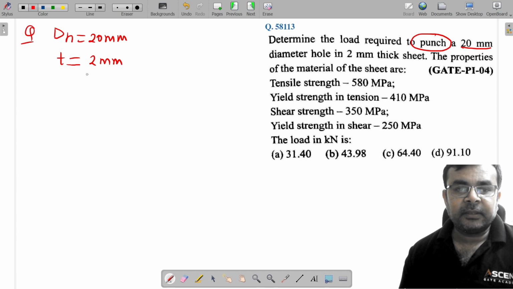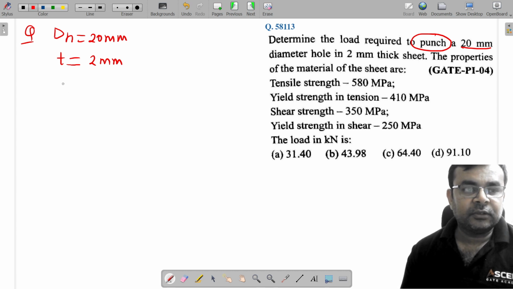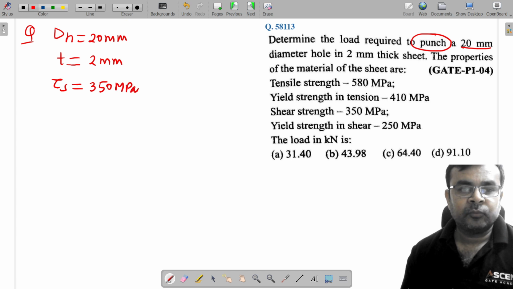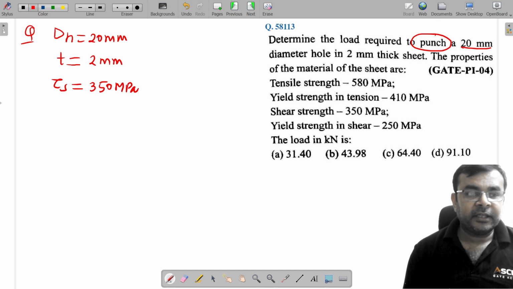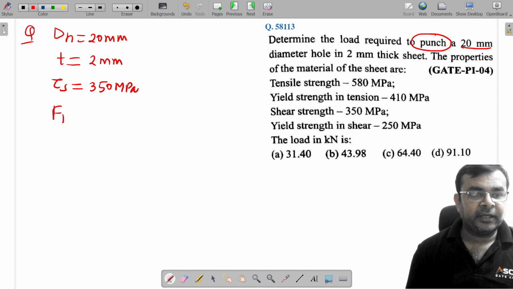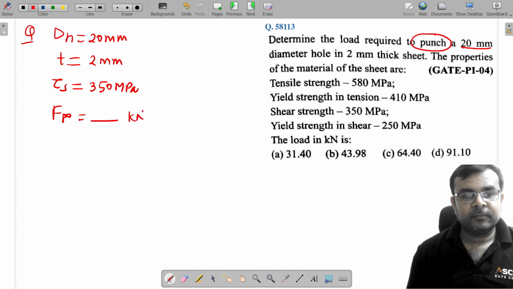The properties of the material of the sheets are given here. Here we only use this stress, the yield shear strength, which is 350 megapascal. I'm only interested in this value. We need to find the punching load in kilonewton.